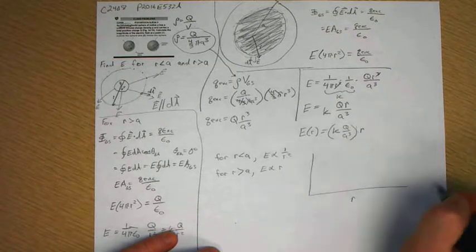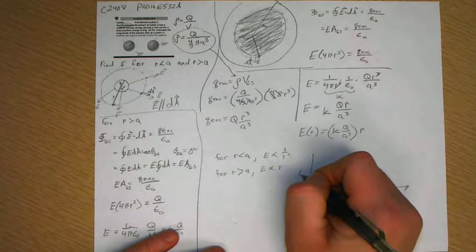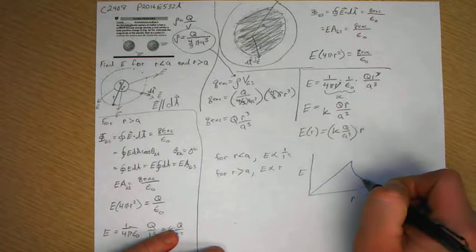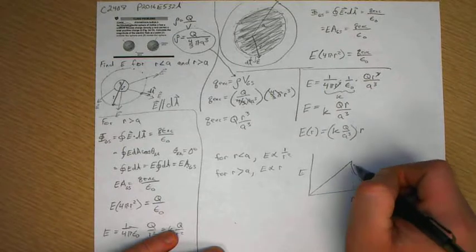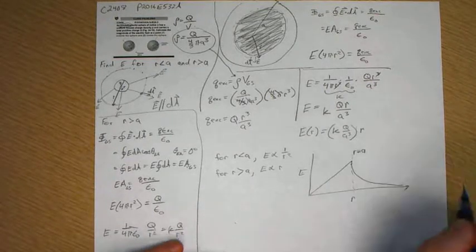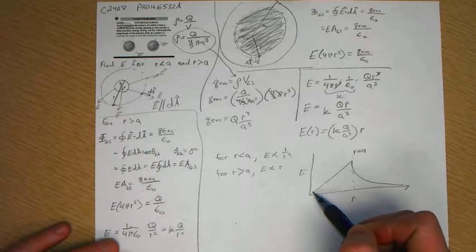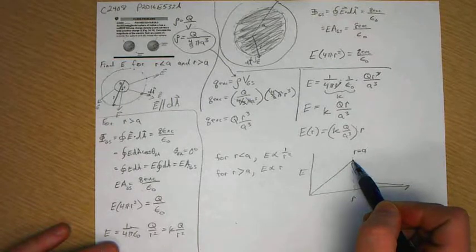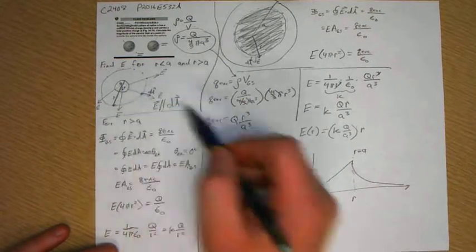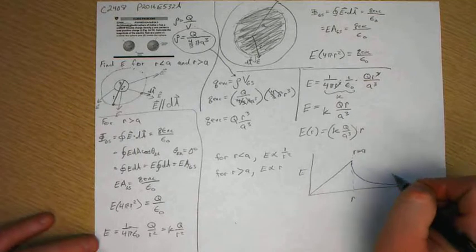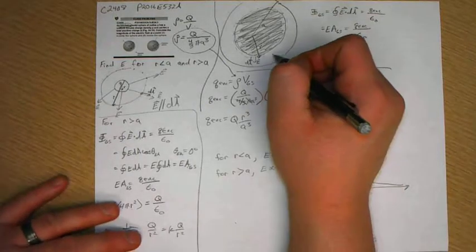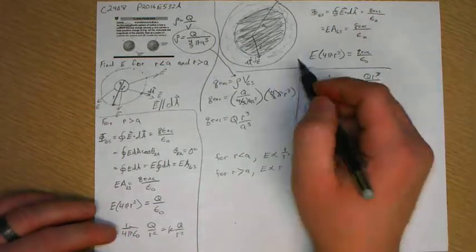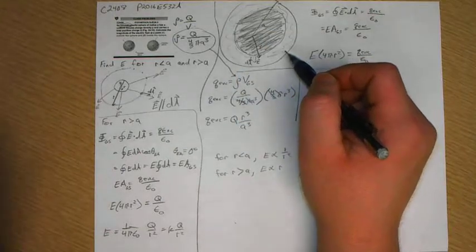So if we were to look at changing r in the electric field, it would look something like that, where this is r equals A. The charge enclosed, and therefore the electric field, increases linearly as you get to the outer surface of this charged sphere, and then it drops off with 1 over r squared. So all of the charge that exists outside the Gaussian surface when you're inside of that sphere, none of it contributes to the electric field. It all cancels out.